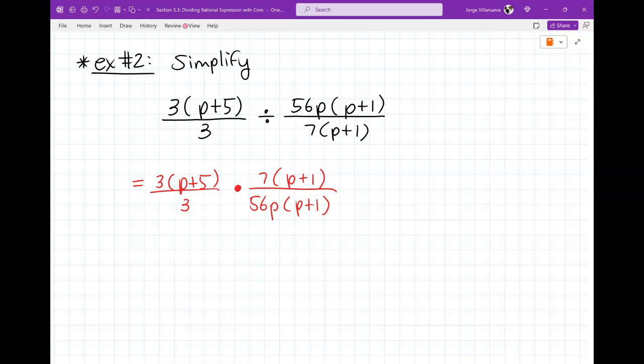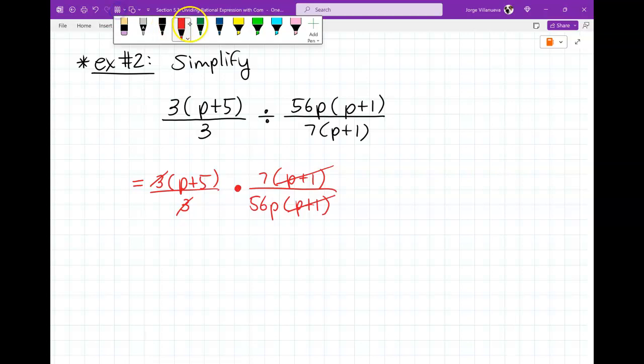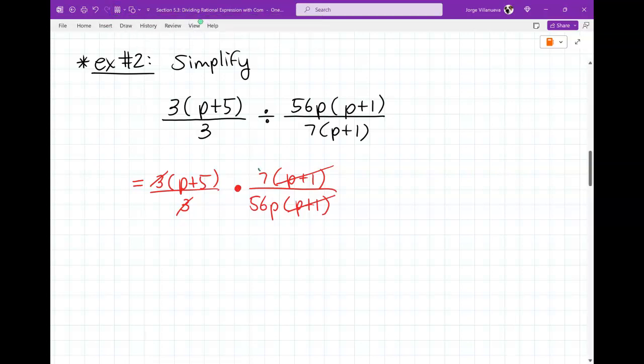So what's one thing I can chop here? All right, p plus 1. Anything else? The 3's. That's pretty much all I can chop. Is there something I can reduce? The 56 and the 7, right? Because 7 goes into 56 8 times, right? So let me use a different color. I'm going to do it at the same time, but I'm just going to change colors. That way we notice.